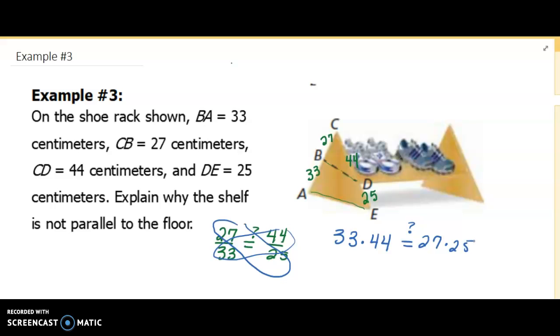Now, 27 times 25 is 675, and 33 times 44 is 1452. So clearly these are not equal, and therefore they're not parallel.